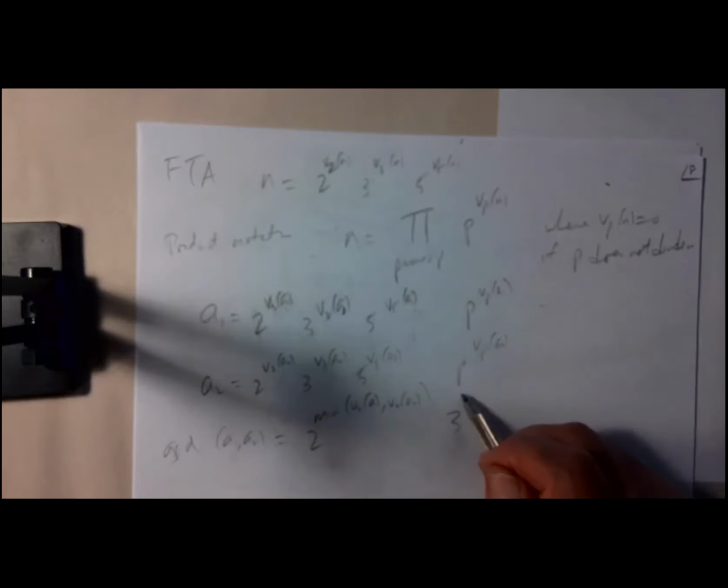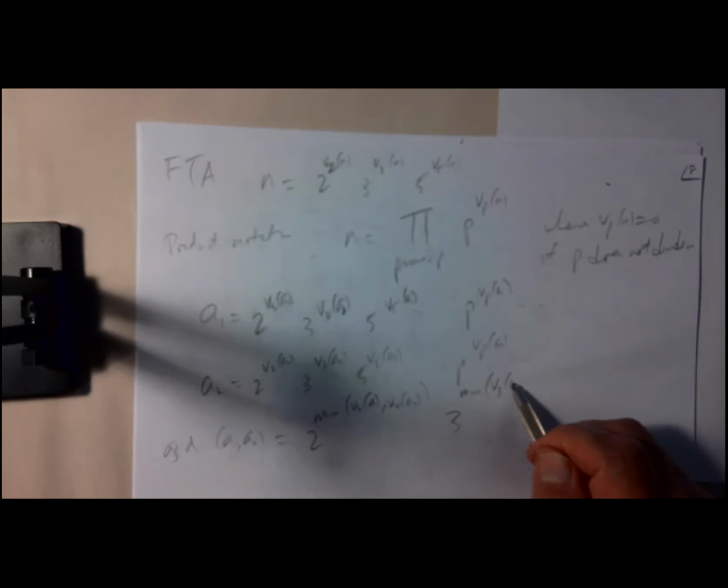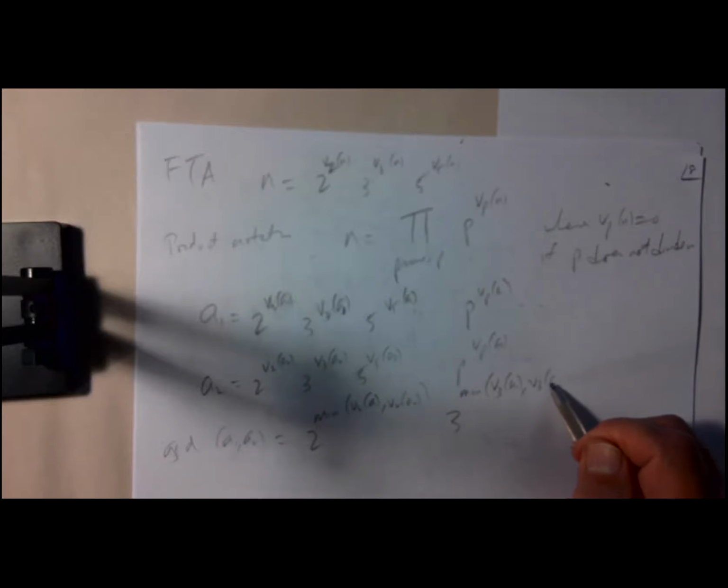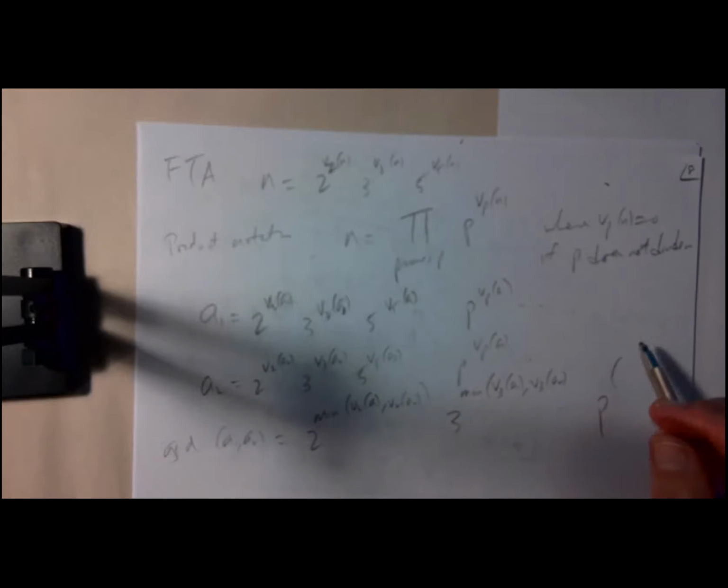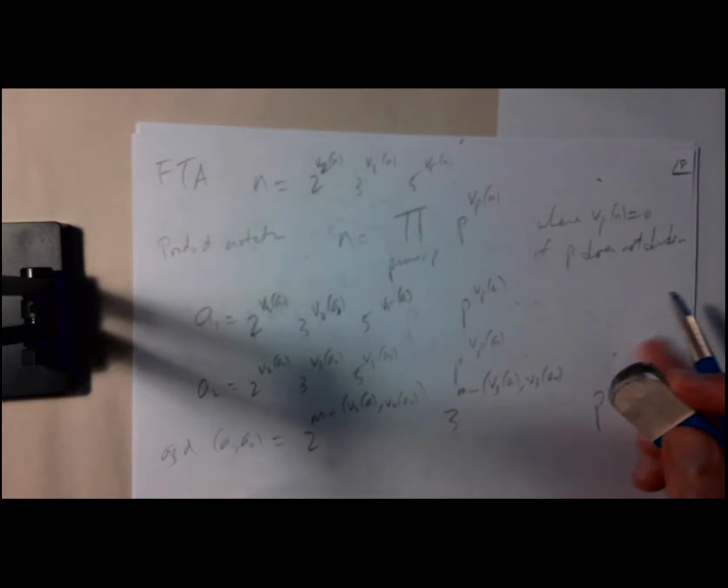And similarly, the highest power of 3 that divides these numbers is the minimum of V3 of A1 and V3 of A2. And in general, for any prime P, the highest power of P that can be a common divisor of A1 and A2 is the minimum of VP of A1, VP of A2.